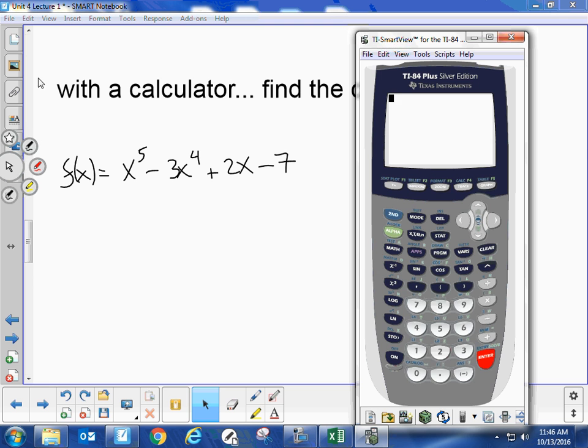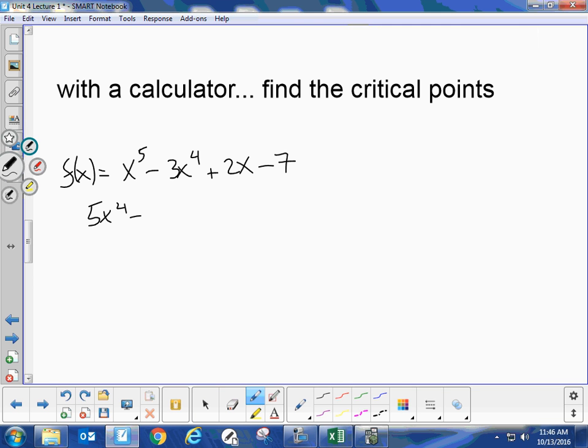All right, so let's find the critical points. I'm going to take the derivative. Set it equal to 0, see where it's undefined, and solve. Okay, ready, set, solve.